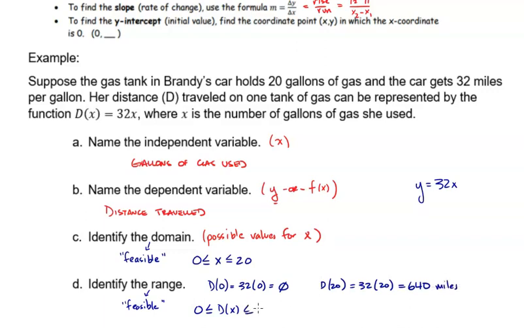So it's less than or equal to 640. Our range is anywhere between 0, that scenario where she just sits in her driveway and doesn't drive anywhere, and 640 miles, where she uses literally all 20 gallons of gas in her tank. Anywhere in there is the feasible range for our function.